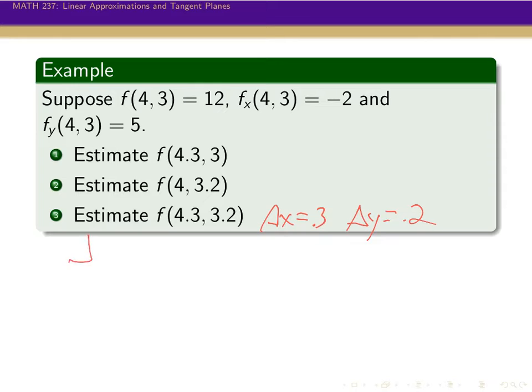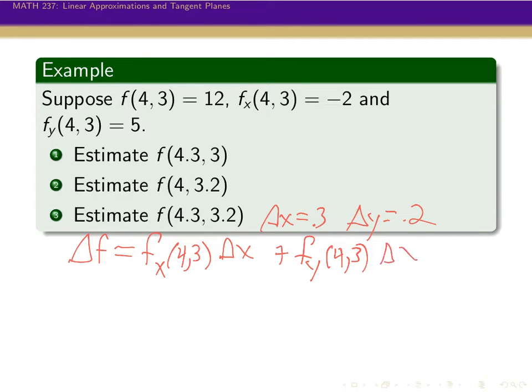And so we'd expect our change of f, really putting the two together, to be the change in x times the partial in terms of x. That's going to give us the effect of x. And then we're going to add on the partial in terms of y times delta y. That's how the change in y is affecting it.